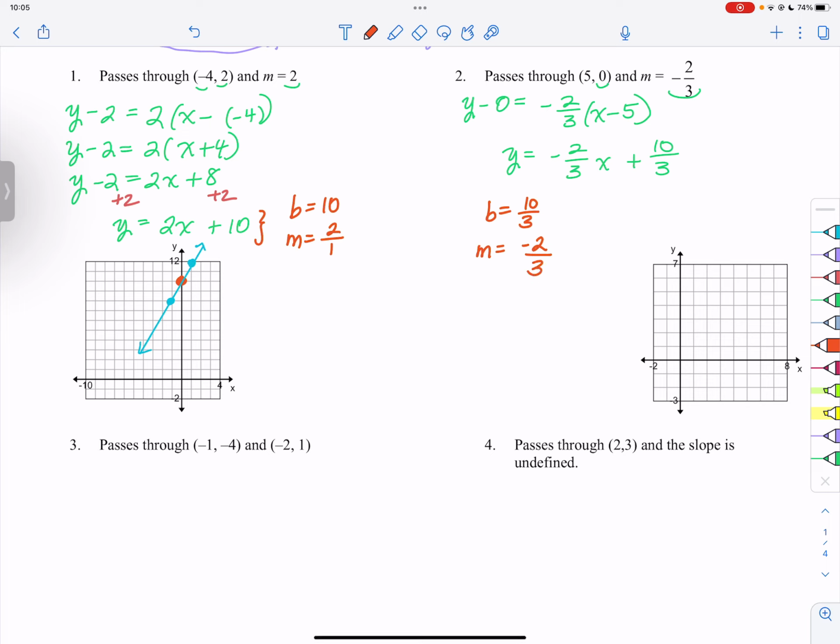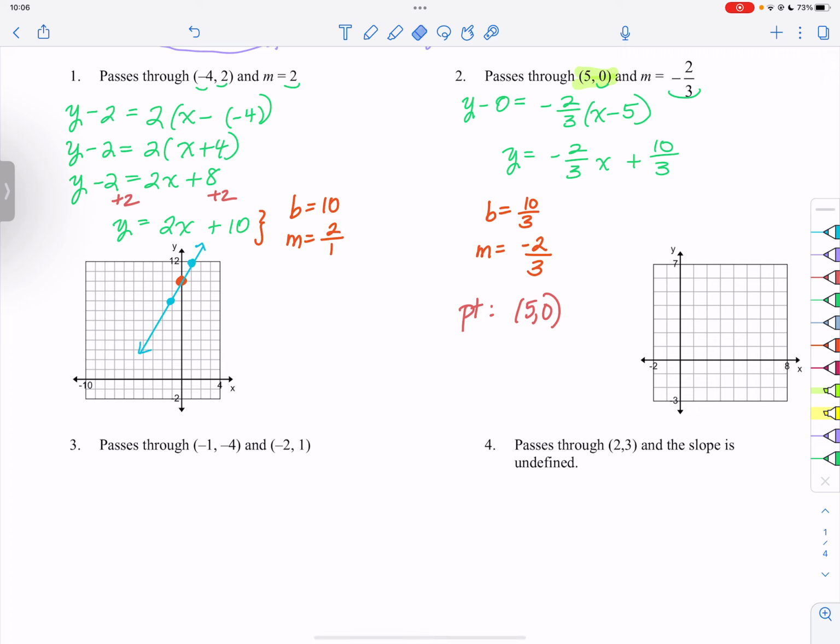So placing this y-intercept, 10/3 is just above 3. About right there. It might be easier this time to begin with this point and then use the slope since we have a fraction. So we could also write the point as 5, 0.